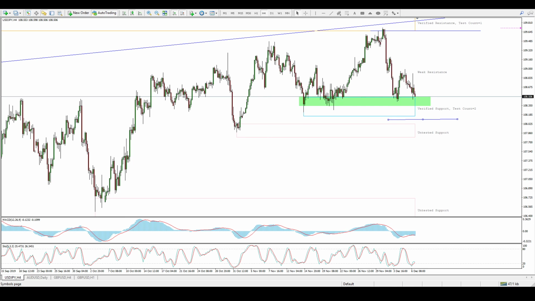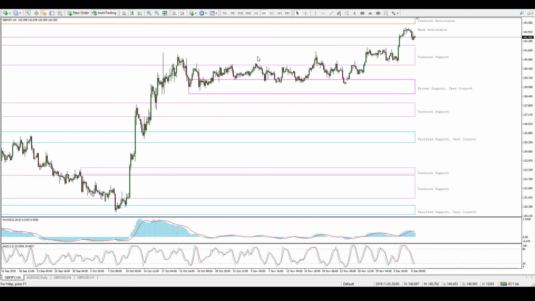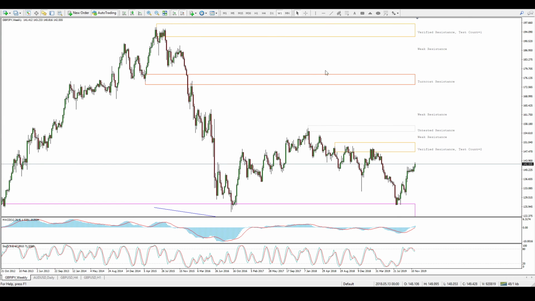I want to look at pound yen as well. It's one of my favorite pairs to trade. Weekly chart, zoom out.